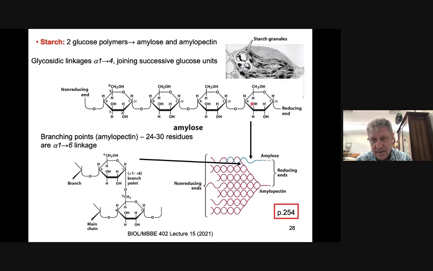So again, here's amylose, just 1,4. And then 1,6 is coming in there particular to produce the amylopectin. What it really gives us is the capacity to kind of tie up the reducing ends and allow us spontaneous and multiple interactions with the non-reducing ends.